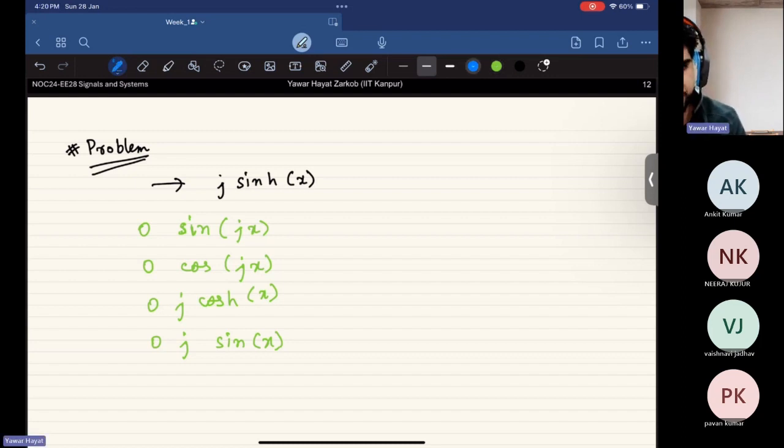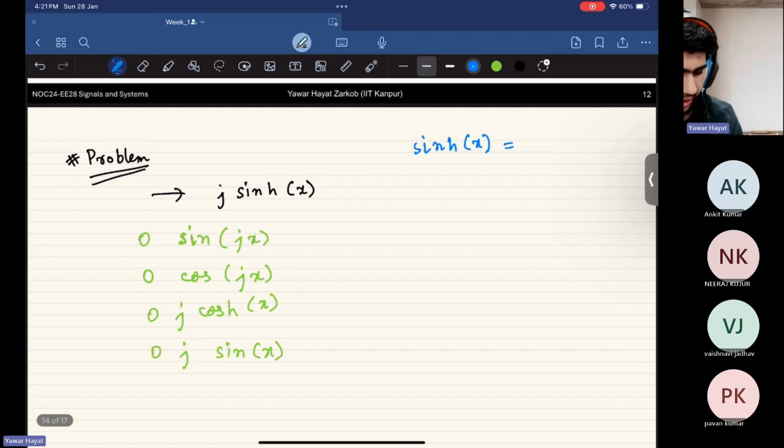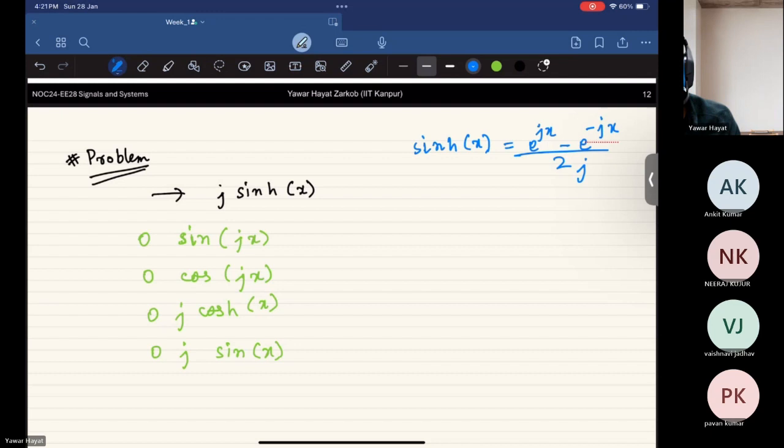As a brief recap, this sine hyperbolic of x by definition can be written in terms of exponentials as e power jx minus e power minus jx whole divided by 2 times j. I'm sorry, I guess I messed up.